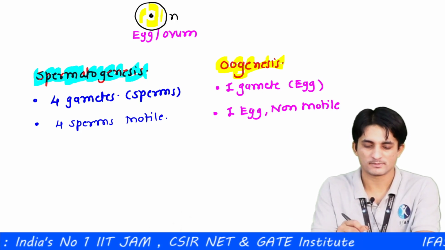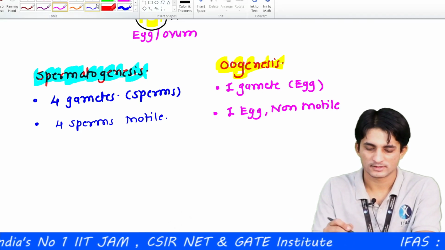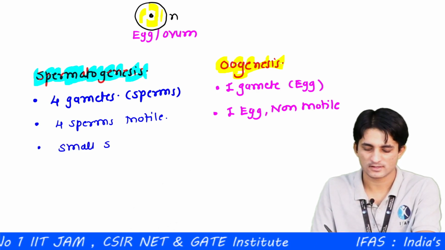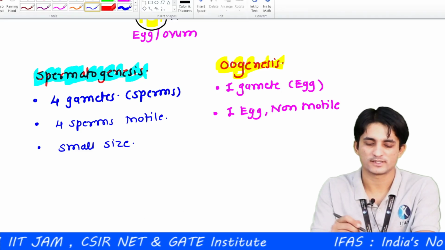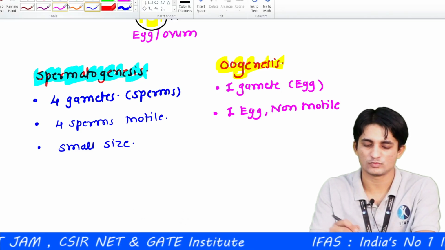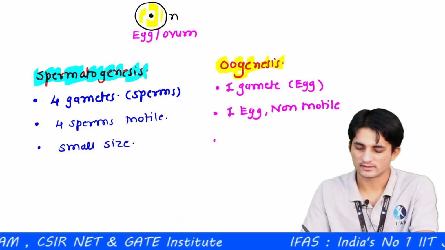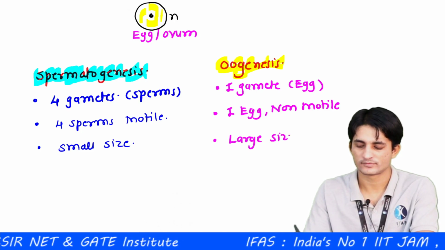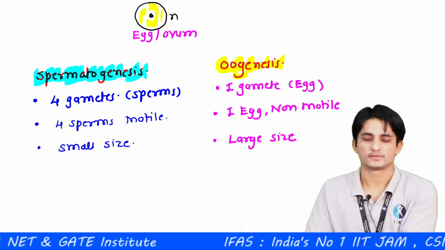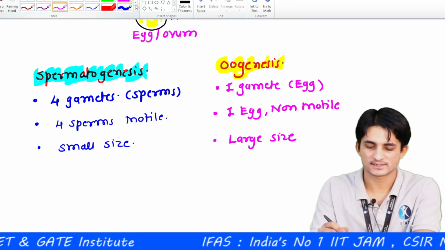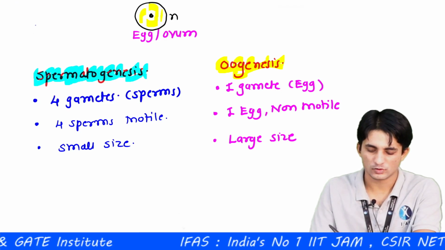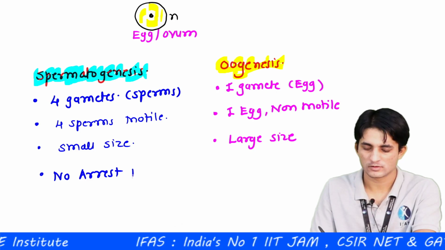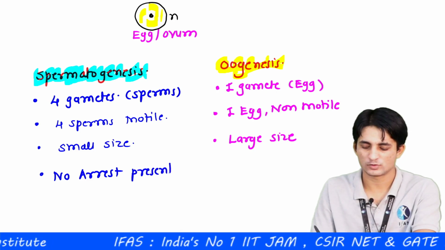Then sperms are small size, but they are equal size, but in oogenesis the egg is a large size gamete. Then in spermatogenesis there is no arrest present.